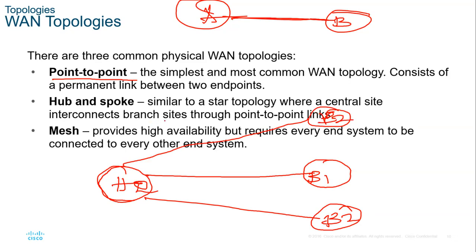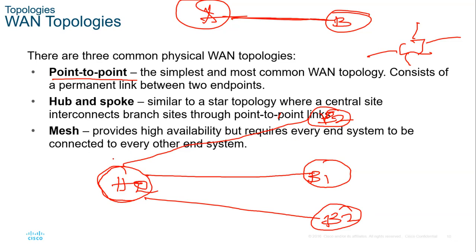It is in the form of a star topology, almost the same, but with branches connecting.